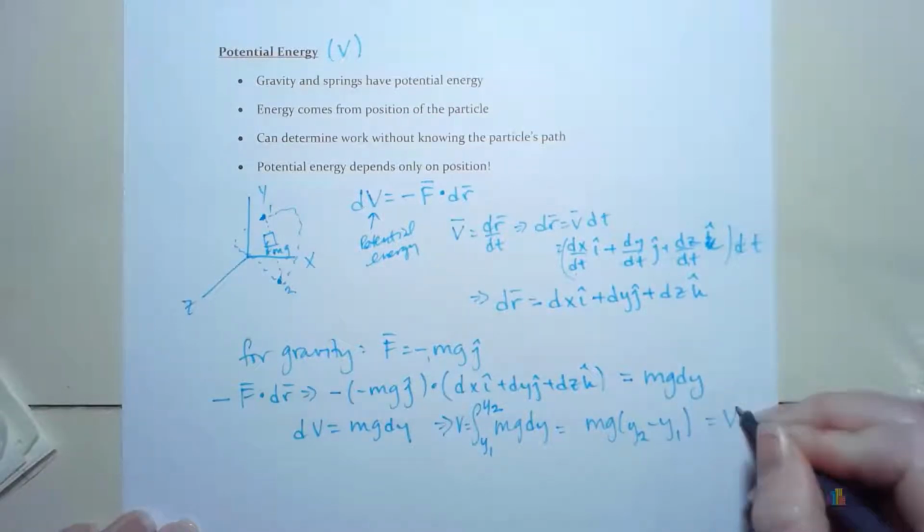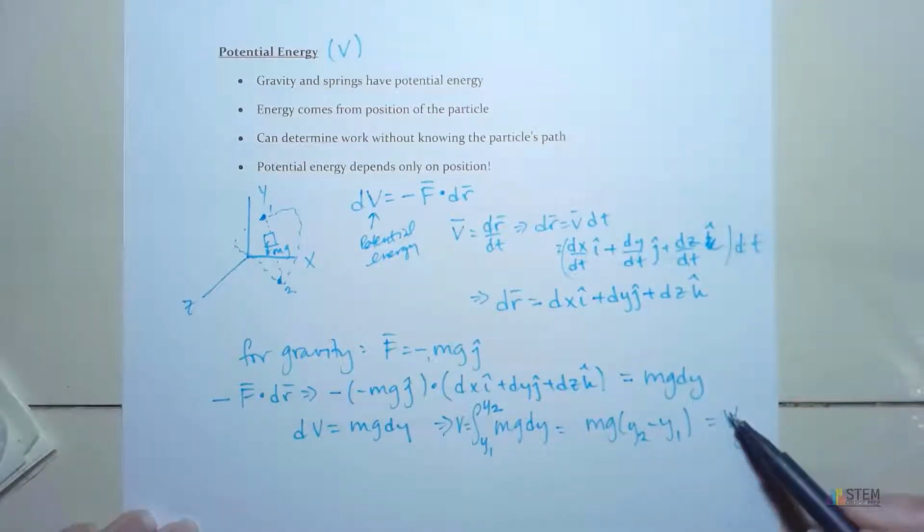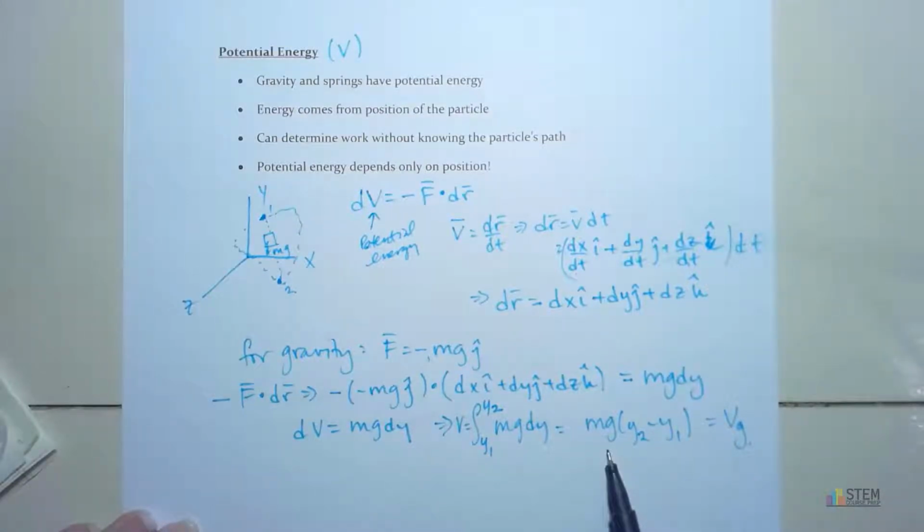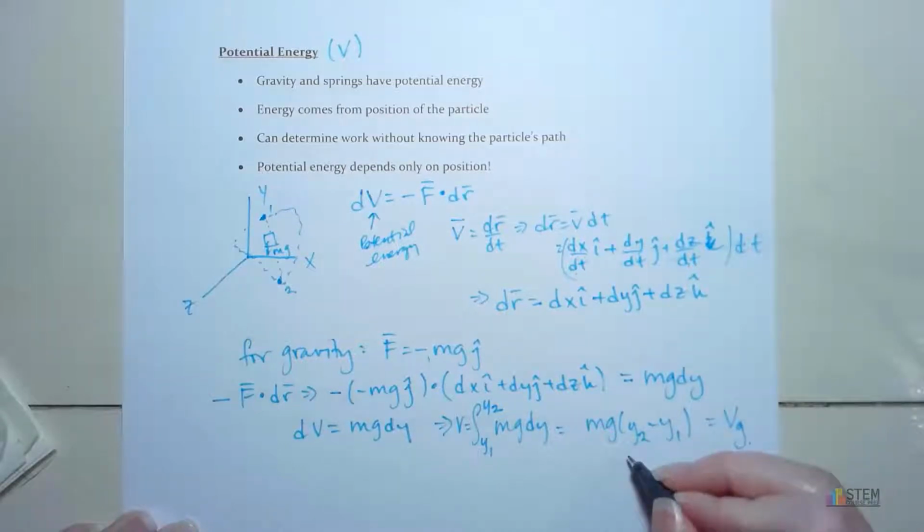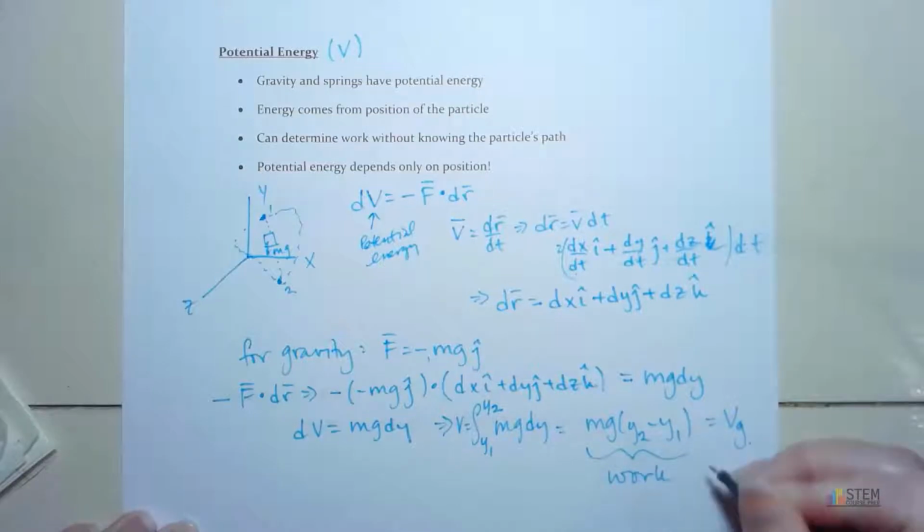And we're going to call this Vg. So this is the potential energy due to gravity. Now, if you look, our potential energy due to gravity is only dependent upon the change in the elevation, right? Or the altitude. So let's write a note about that.